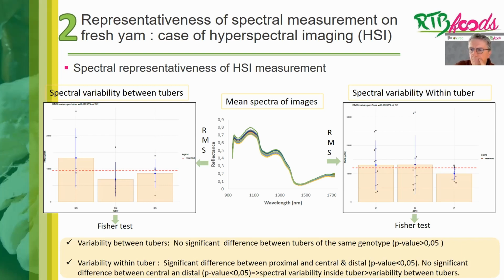Actually, what we are planning to do is to increase the number of varieties we use. We use just one. We want to increase to three and see if this follows the same pattern. We can report on this, but this has given us good knowledge of how to set up the representativeness of the spectral measurement, as well as some repeatability tests.